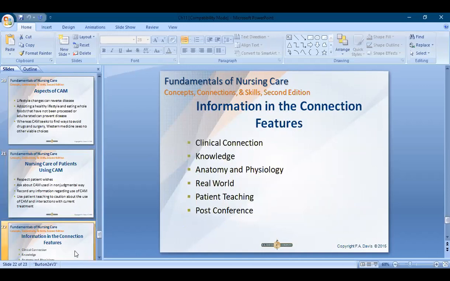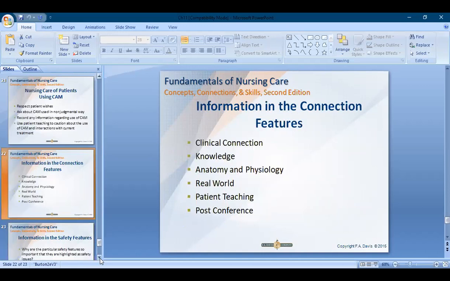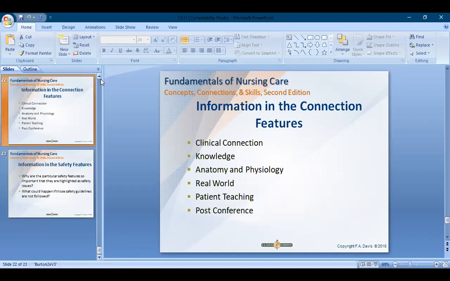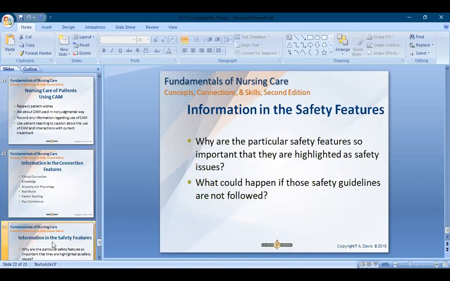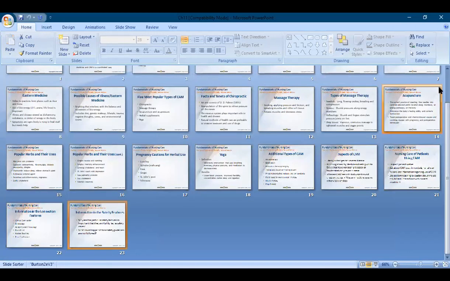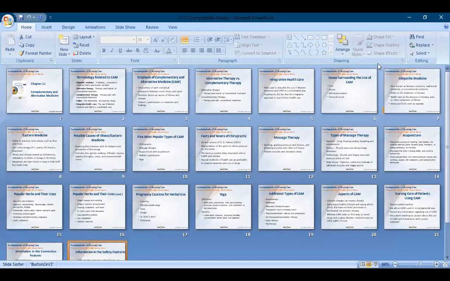And here, same thing as I said, every PowerPoint's ending is the same. I'm not going through it again. All of this I went through several times. So basically this PowerPoint is related to alternative medicine, okay?